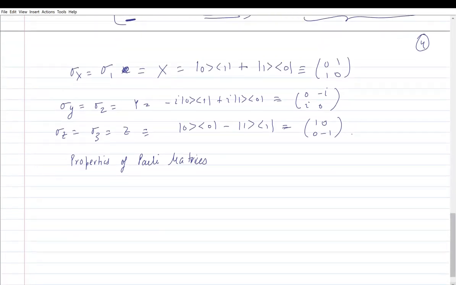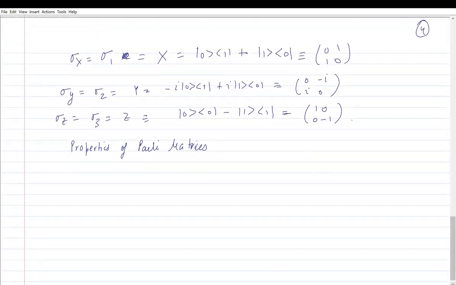There's also going to be some homework problems regarding that. So properties of Pauli matrices are going to be, well, they are Hermitian. So you can of course verify them. They are Hermitian as well as unitary.